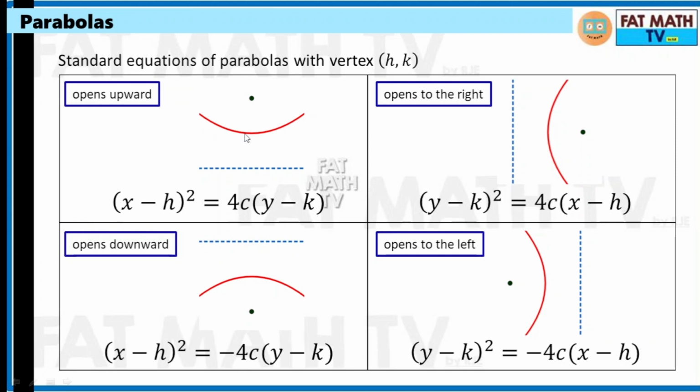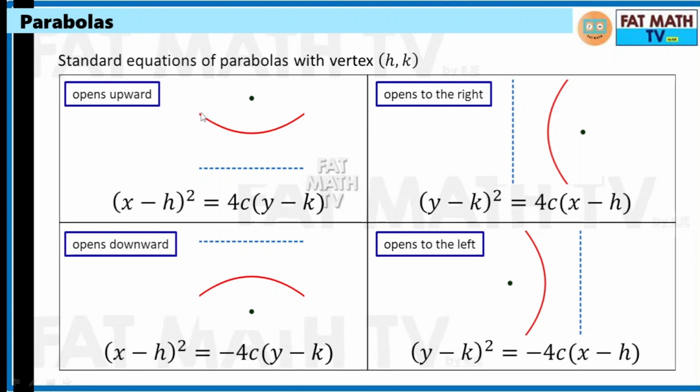If it's positive, it opens upward. If it's negative, it opens downward. On the other hand, if y is being squared, the parabola either opens to the right or to the left. If it's positive, it opens to the right, and if it's negative, it opens to the left.